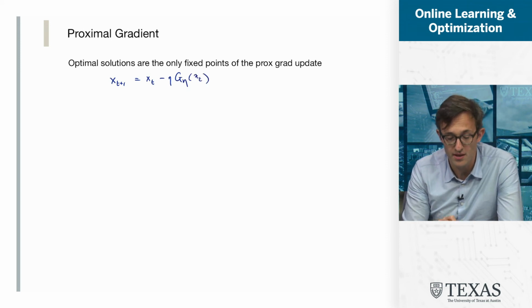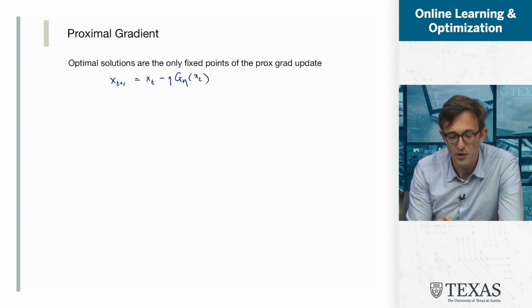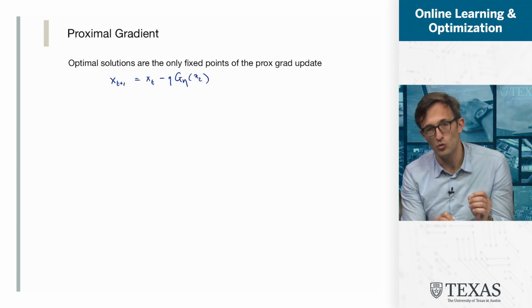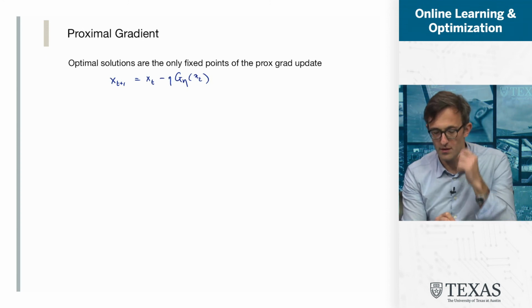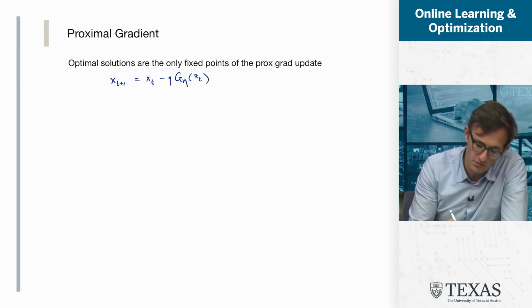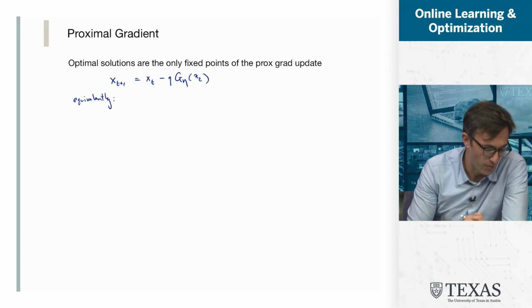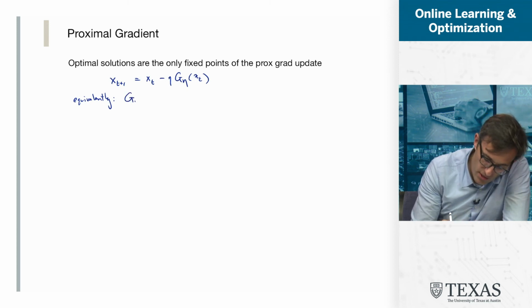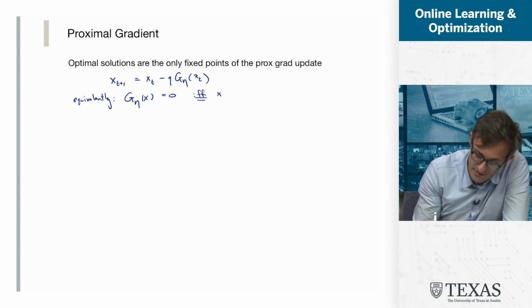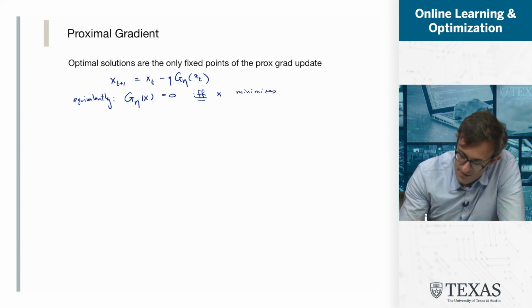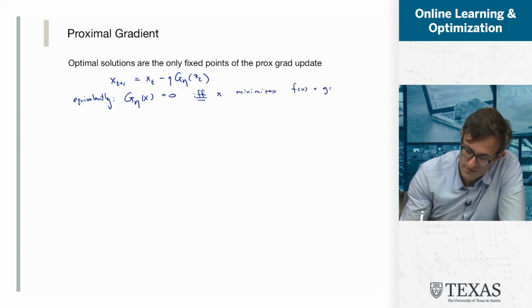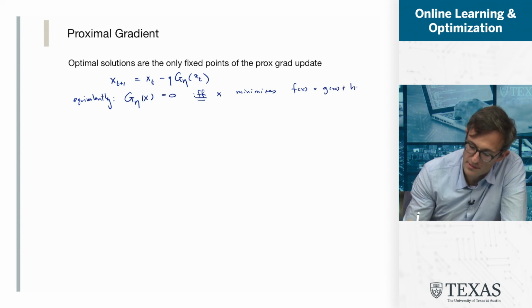And the sentence here says that only when we're at an optimal solution will we stay there. In other words, only at an optimal solution. So an equivalent way to write this is that g_eta of x equals 0 if and only if x minimizes f of x, which is my composite, g of x plus h of x.